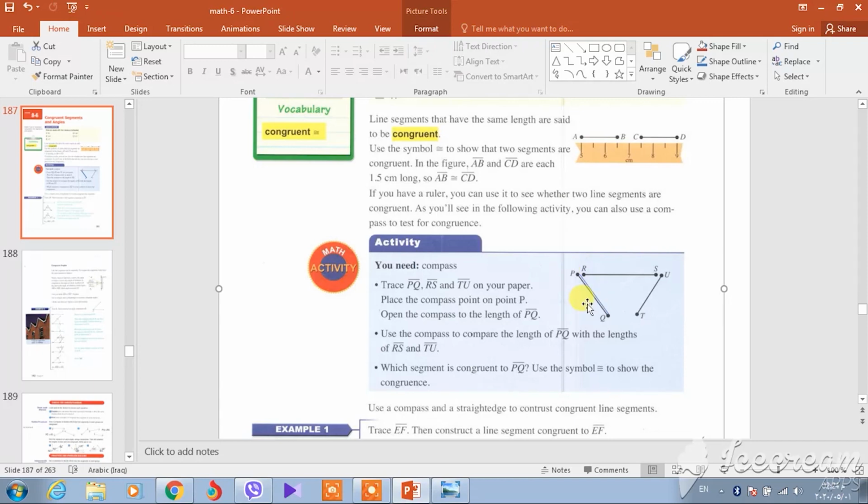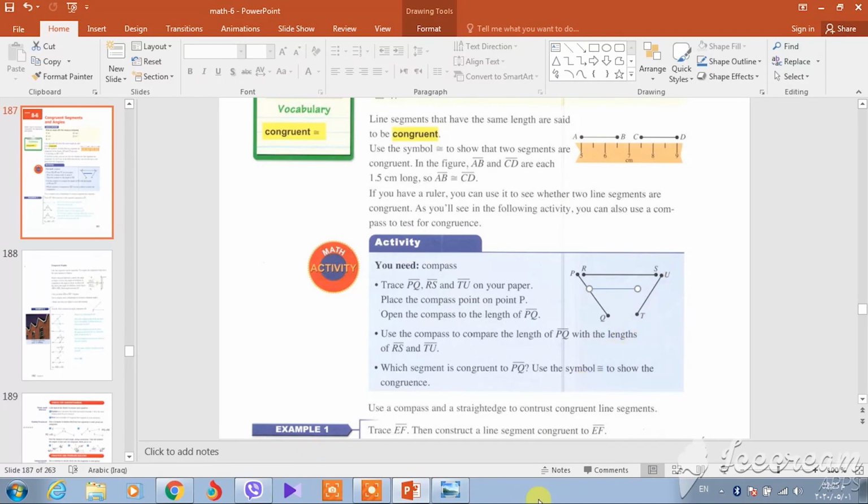So PQ and UT are congruent, but is PQ congruent to RS? No, because RS is longer than 2 centimeters. So just PQ and UT are congruent, but PQ is not congruent to RS, and UT is not congruent to RS.